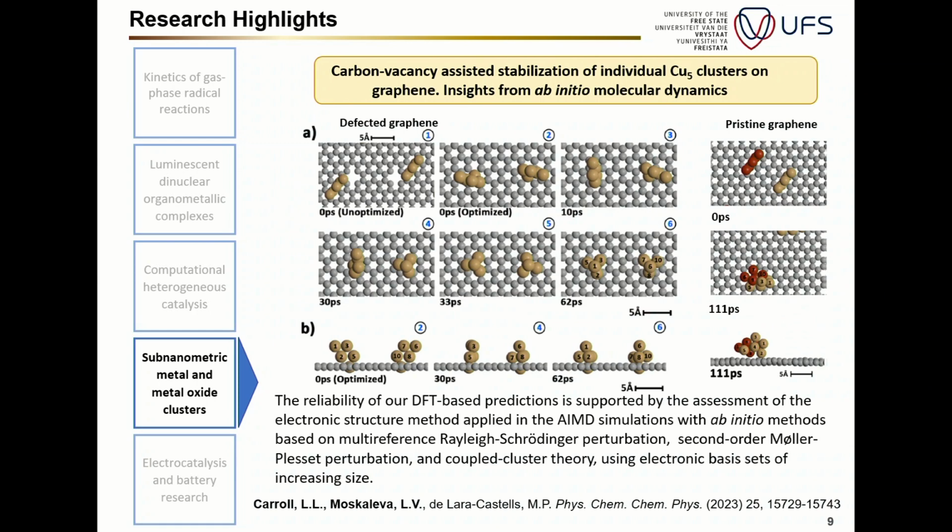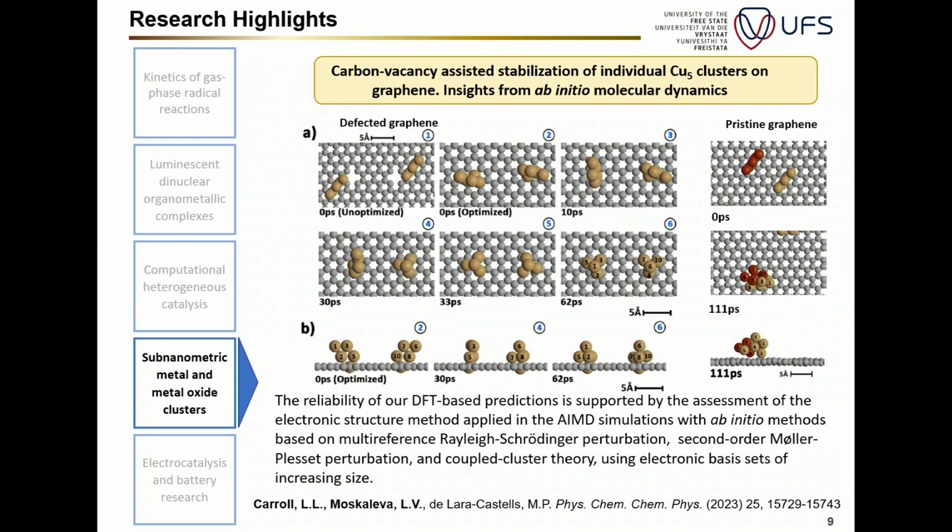So here we have shown that divacancy defects in graphene serve as efficient traps to stabilize copper-5 species and thereby preventing them from dimerization and sintering.